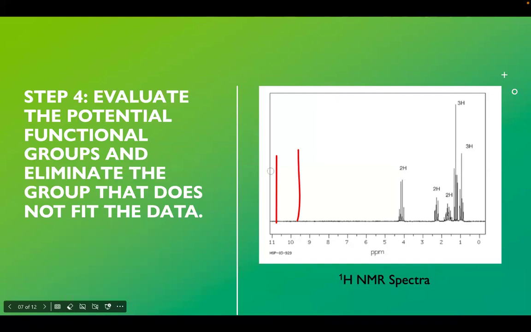And this is basically just representing the hydrogen that would be bonded to the oxygen in the carboxylic acid group, which we don't have. So we can conclude that this molecule is going to have an ester functional group within it.